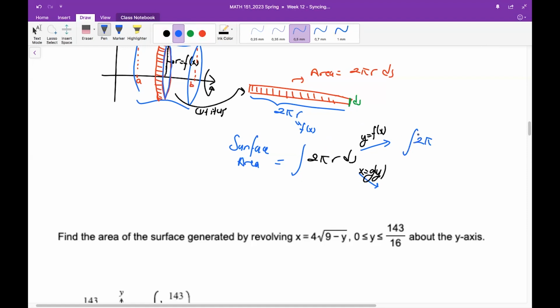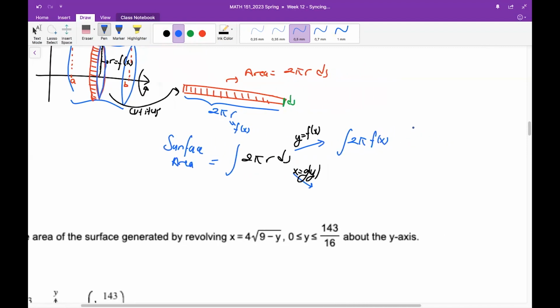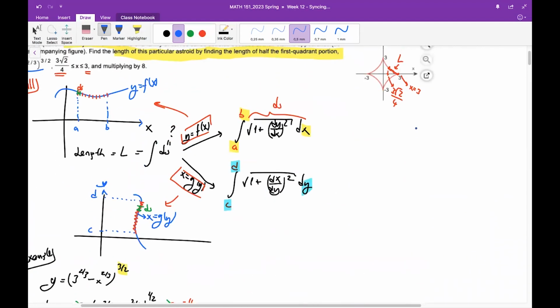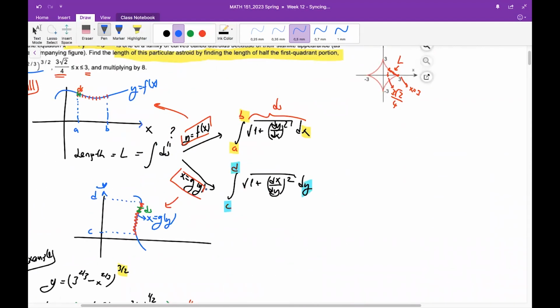R is f of x, and the expression for ds is the one that we know from above. We use it in computing lengths. I also explained this distinction between these two cases for computing lengths. These are both the formulas for ds, which are explained in the recorded lecture videos.